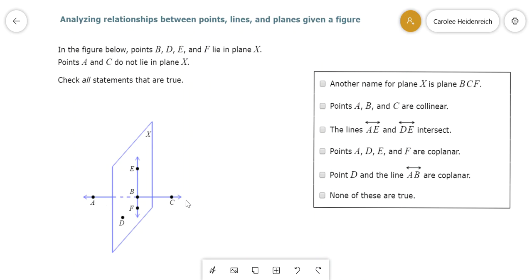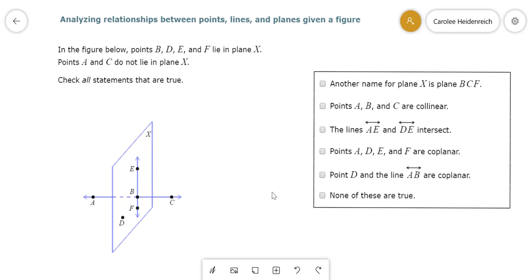It almost looks like it's going through at a perpendicular intersection, but it doesn't actually say that. It looks like the line EF coincides inside plane X. I'm using the word coincide loosely there, but it's kind of lying right inside that plane.